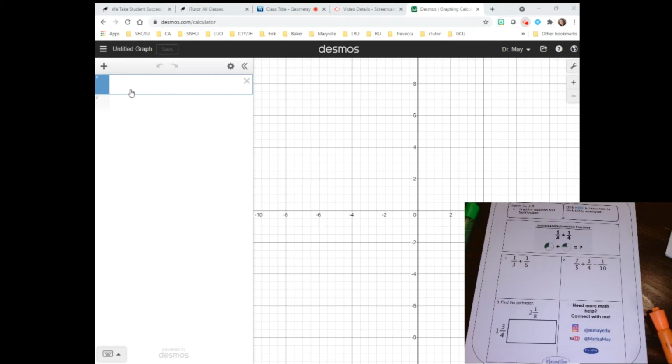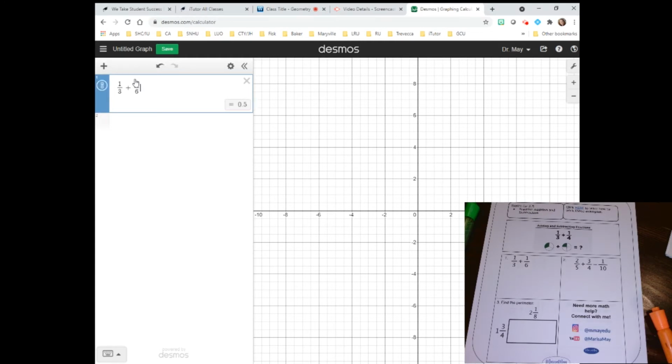Now, when you go to it, I'm going to type in my problem, 1/3 plus 1/6. So the way I do that is I do 1 divided by 3. Notice the calculator already goes ahead and makes it a fraction. How nice. Now use your right arrow to get out of that denominator. And now you'll do plus 1 divided by 6.